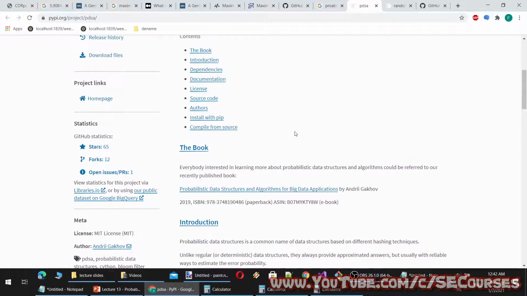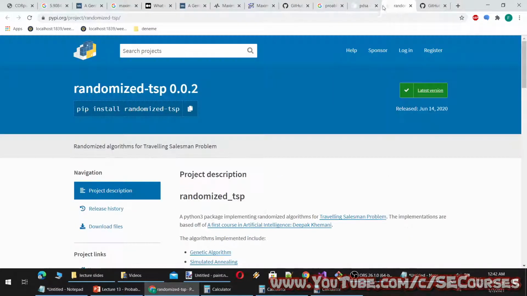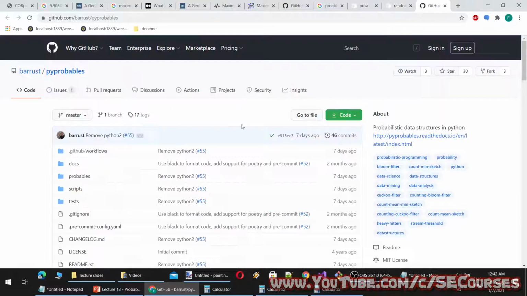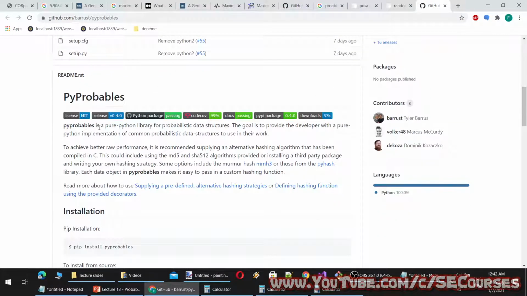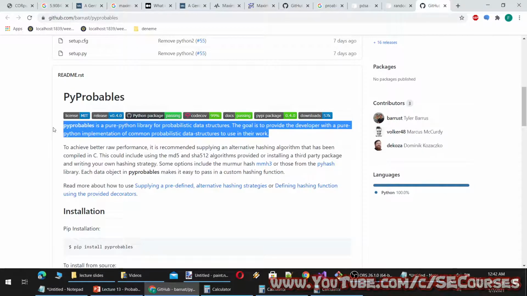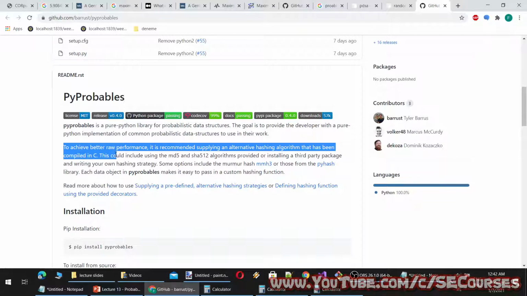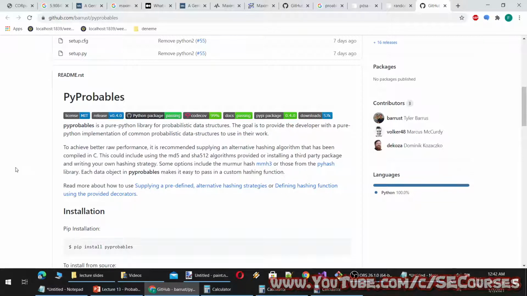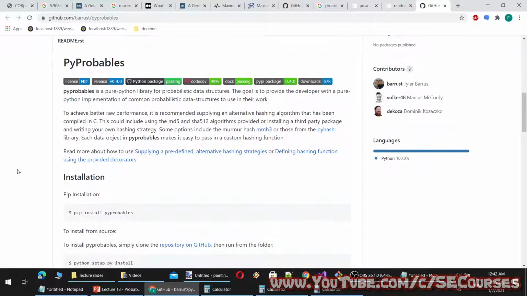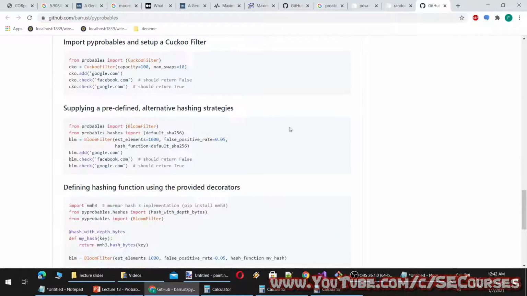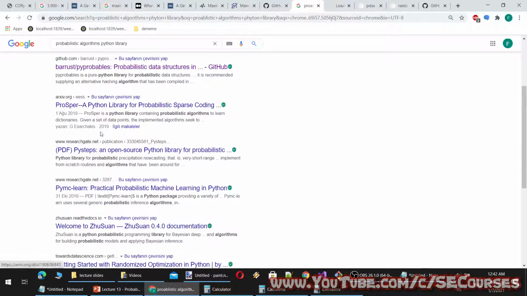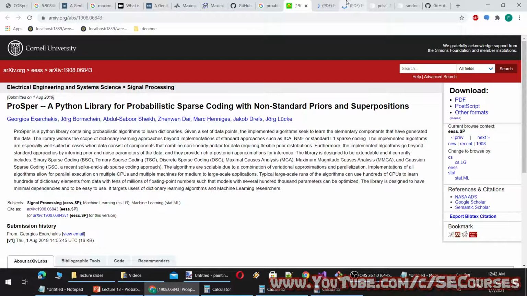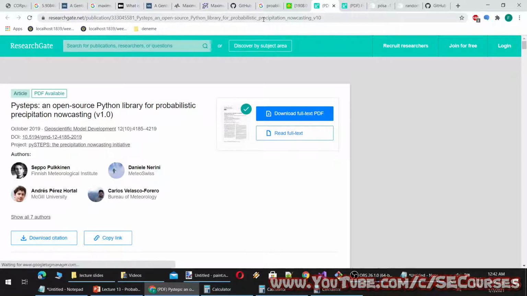What are the algorithms? You see, it is also hard to find a good library for probabilistic machine learning.